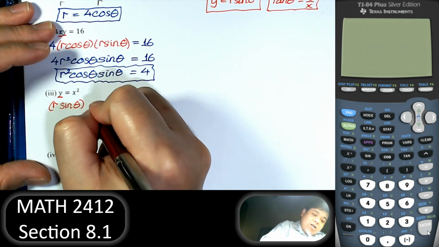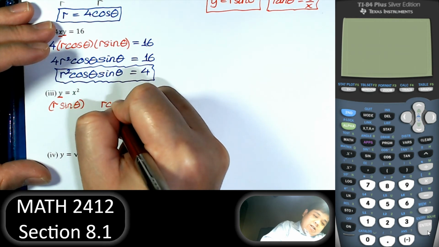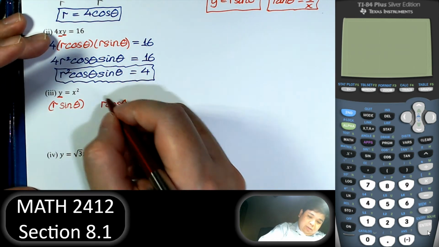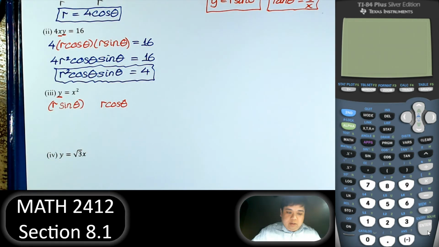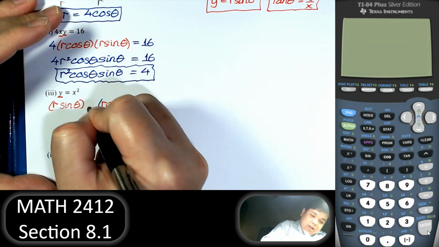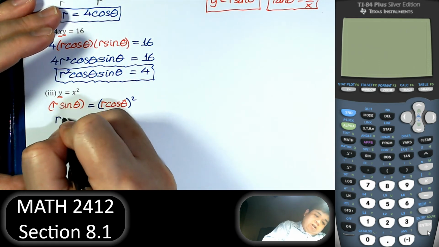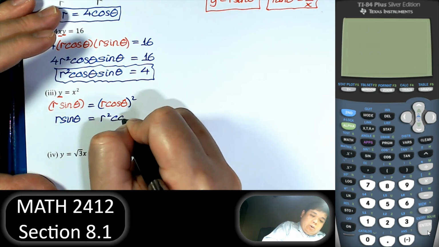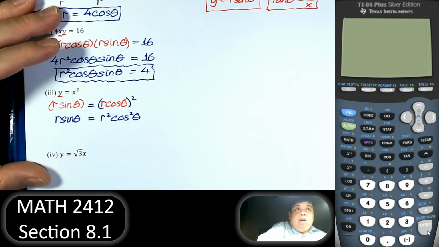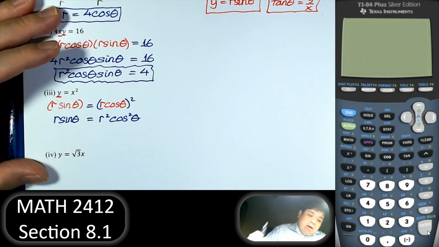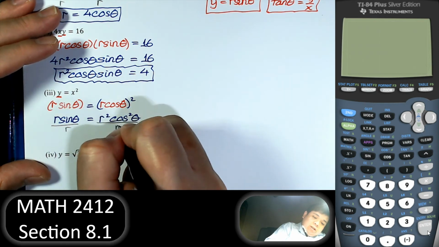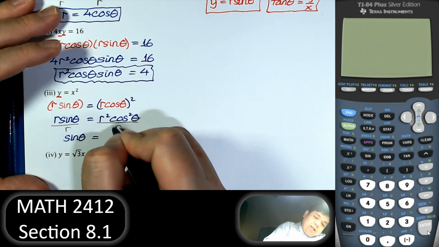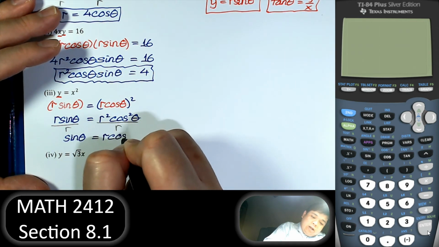So y is r sine theta, and x is r cosine theta, and we have the square on this side. So we have r sine theta for y, and r squared cosine squared theta for x. Looks like we can divide by r on both sides. So we have sine of theta equal to r cosine squared of theta.